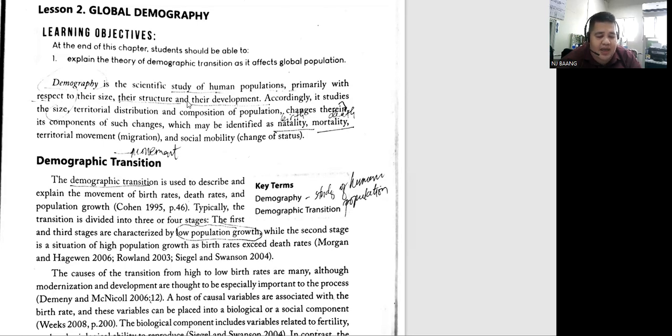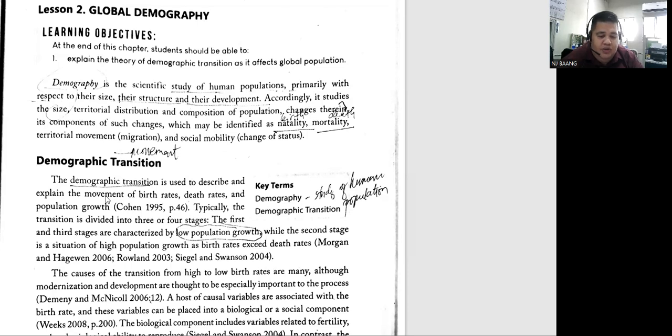The causes of transition from high to low birth rates are many, although modernization and development are thought to be especially important to the process. A host of causal variables are also associated with birth rate, and these variables can be placed into a biological or social component.